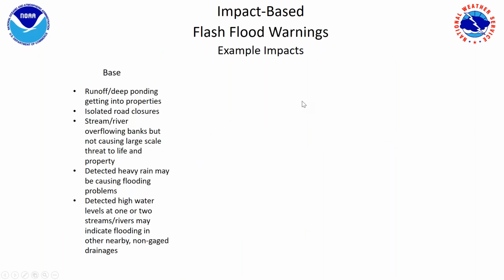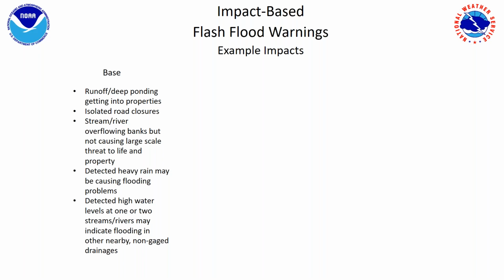I'm going to provide some impacts. Base level events are sort of quote unquote routine flash flooding. You're having isolated road closures, deep ponding, that kind of thing. It can be dangerous, but it's not really significant or widespread.